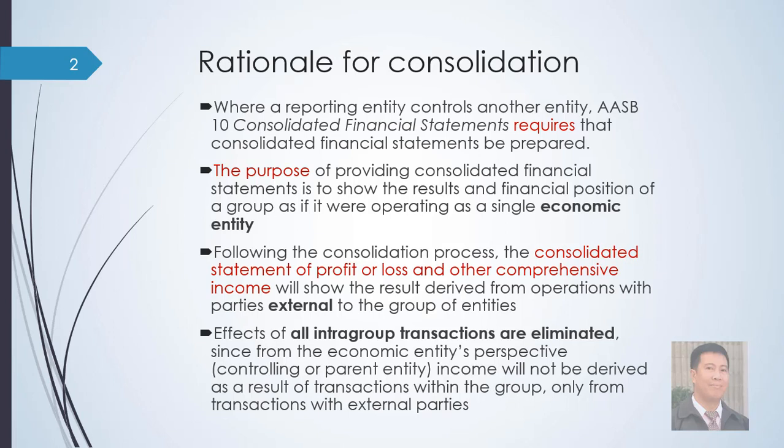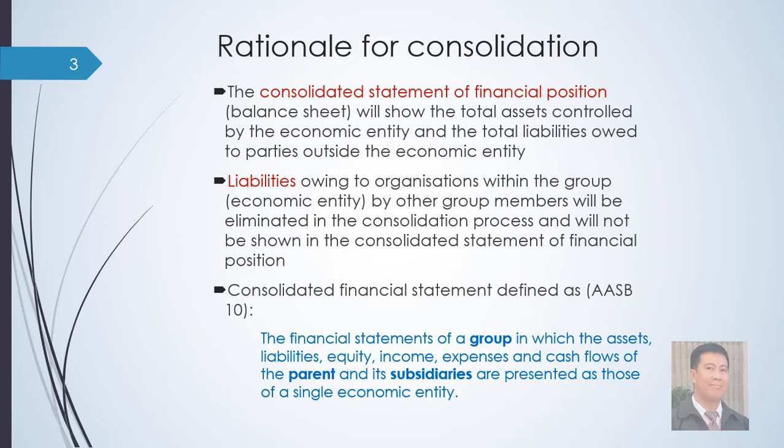So if the parent company has its own financial statements, the subsidiary will have its own financial statements. This elimination entries should not affect those reports. So in the consolidated statement of financial position, it will include all assets controlled by the economic entity and all liabilities owed to parties outside of the economic entity.